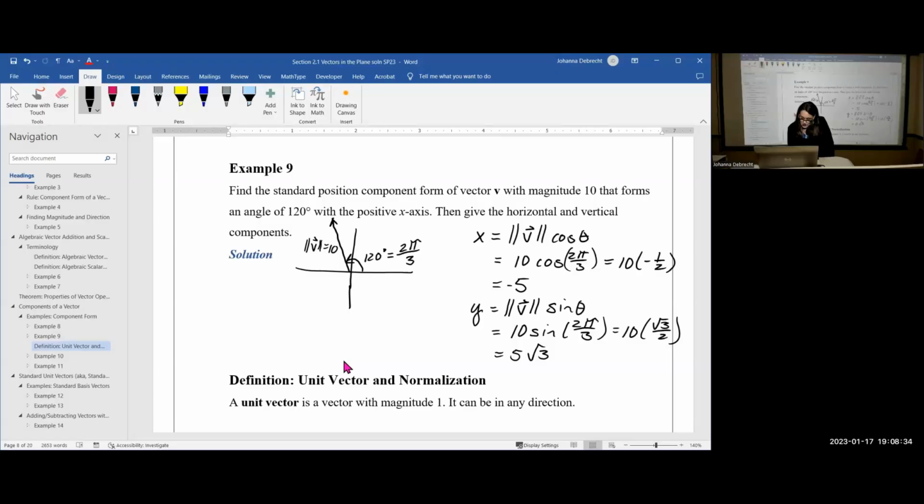So that means that my vector v in component form is -5, 5 square roots of 3. And that actually means that that's what the ordered pair is here at the terminal point of the vector. Okay, so hopefully this makes sense to you, what we're doing right here, figuring out where things are.